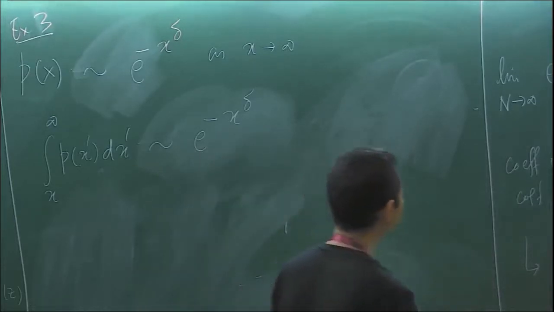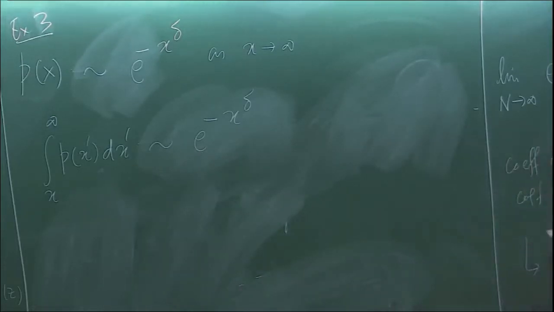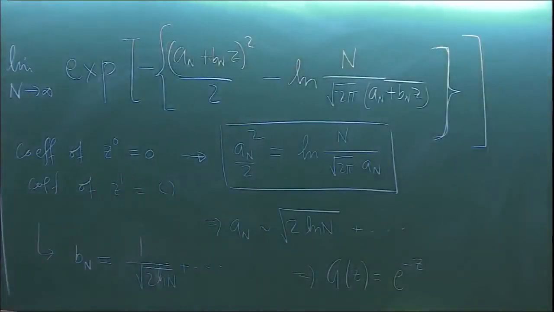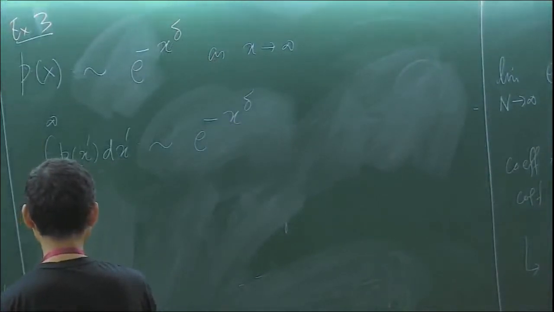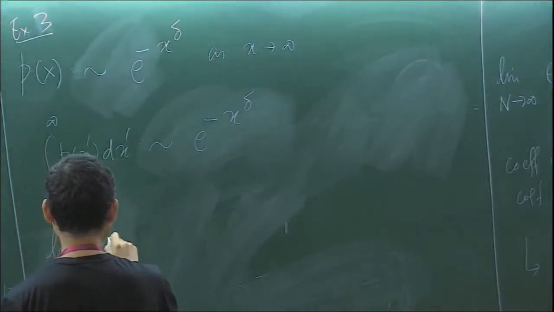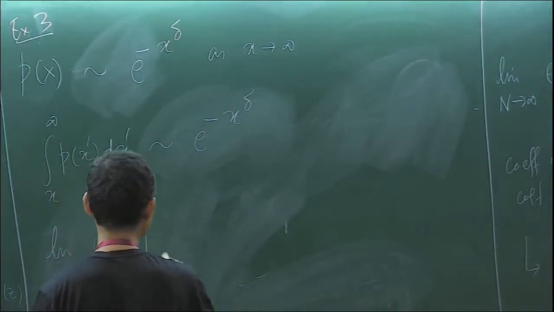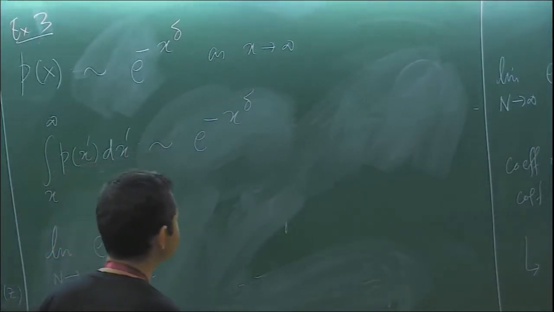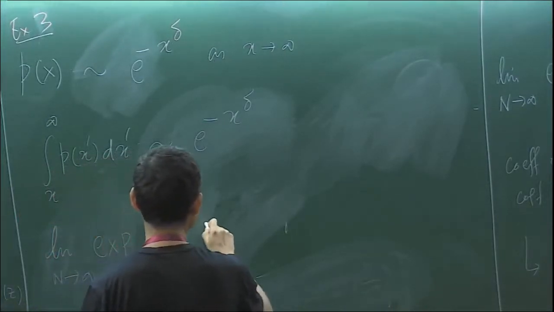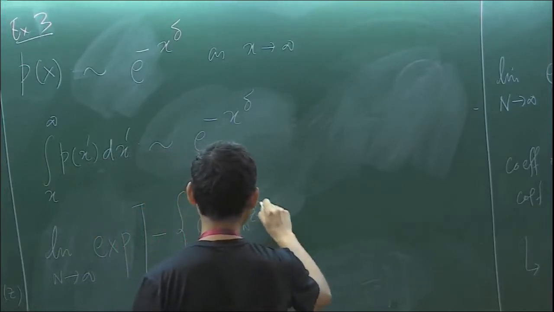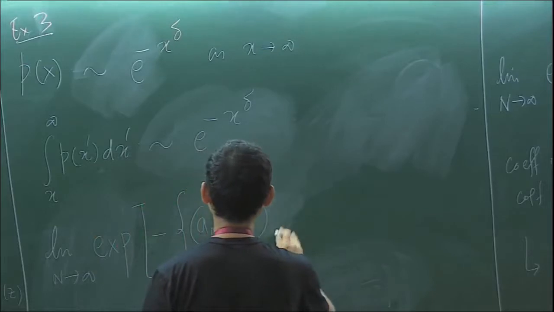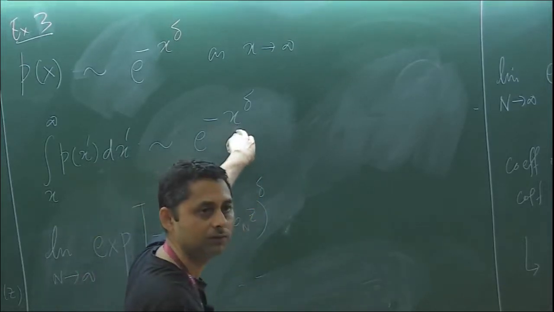So what is this criterion? Now you have the limit n goes to infinity of exponential of minus an plus bn z to the power delta. This one is coming from this one.